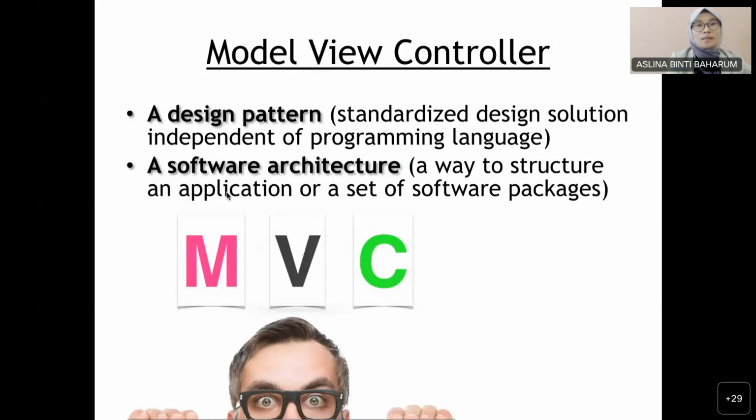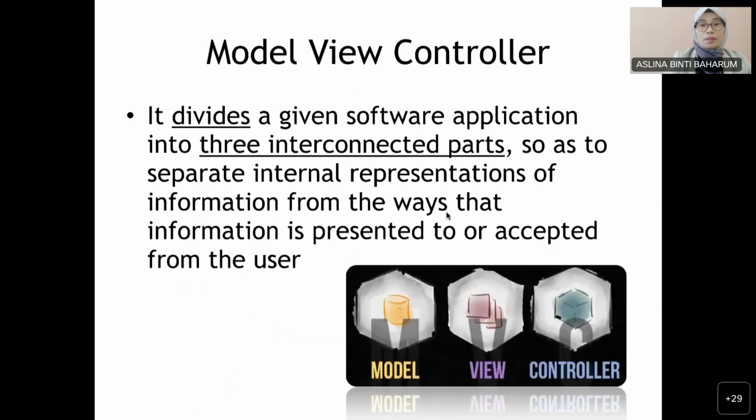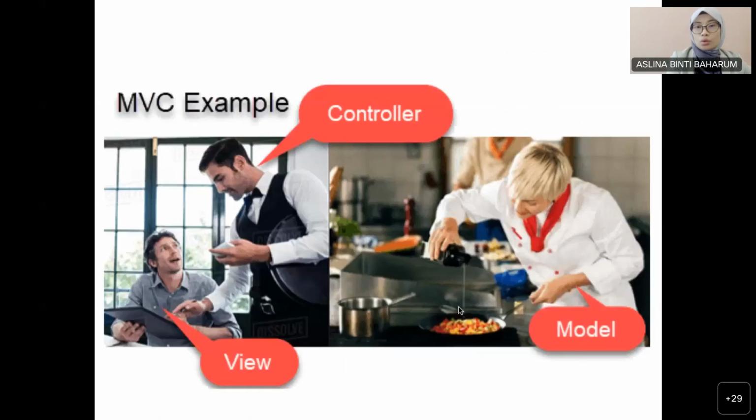It was introduced in 1979 by Trygve Reenskaug. This is the history, and it's related to object-oriented programming, because when talking about humans, normally people use object-oriented programming. So in MVC, it is divided into 3 interconnected parts: the model part, view part, and controller part.